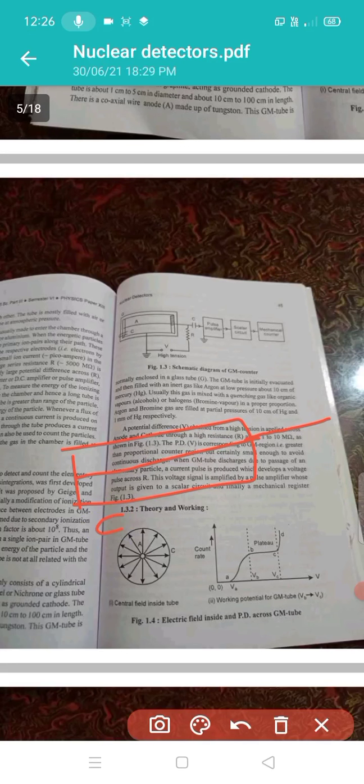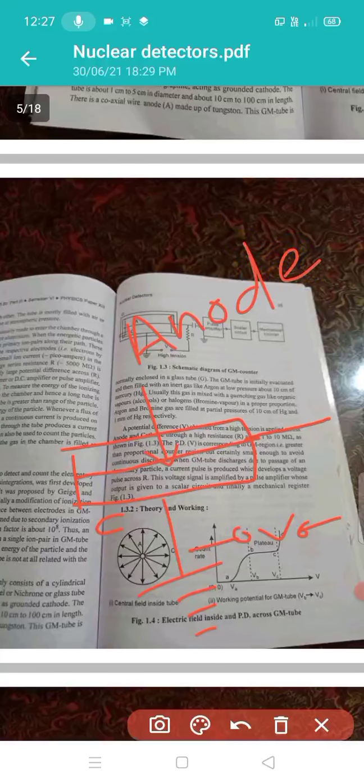This one is the C and it is grounded, which acts as a cathode, and this wire anode acts as an anode, made of tungsten.